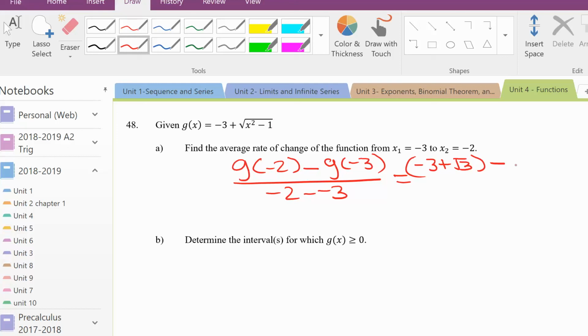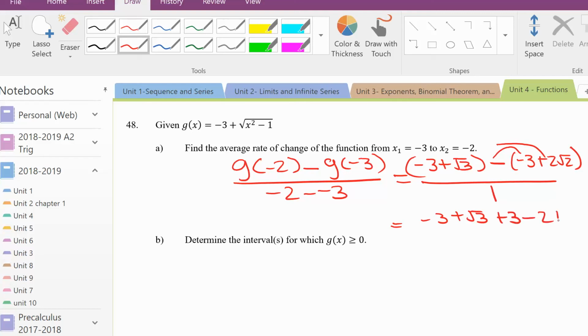So it's 2 rad 2. So -3 plus 2 rad 2 all over 1. So when you distribute the negative, you get -3 plus rad 3 plus rad 3 minus 2 rad 2. The 3's cancel, and you're left with rad 3 minus 2 rad 2.